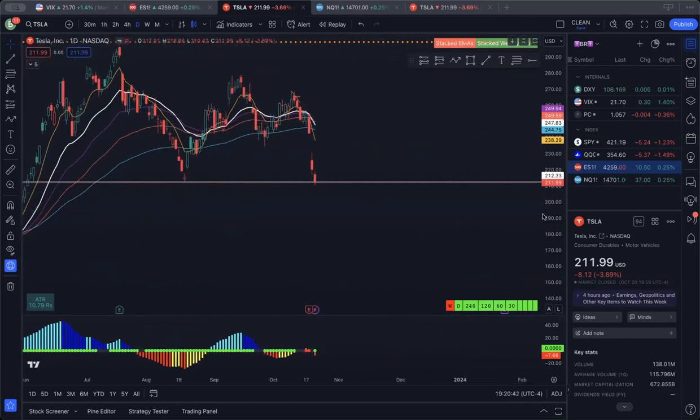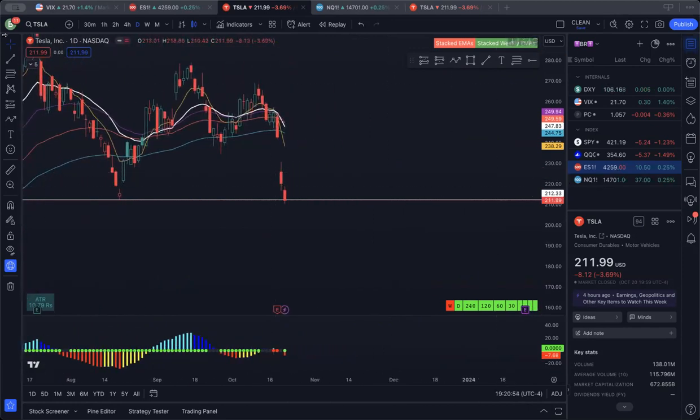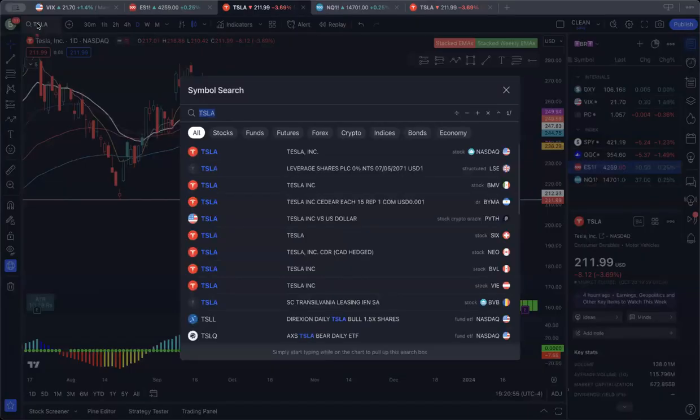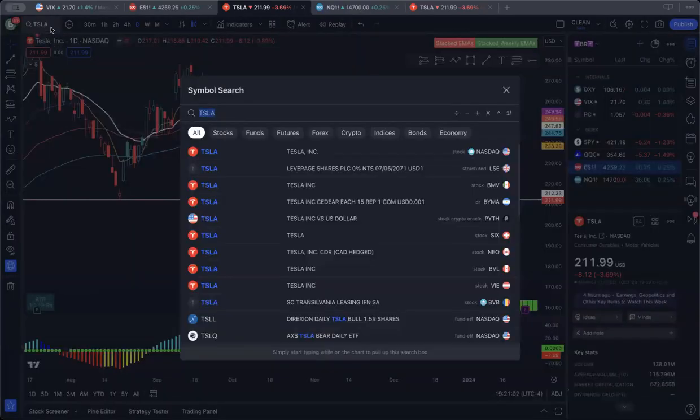So maybe we see a bounce here, but you're also trying to catch a falling knife. So I don't really see the benefit of trying to play that one there. It's just nothing to really do here. It's in a spot where you don't necessarily want to touch it, in my opinion.